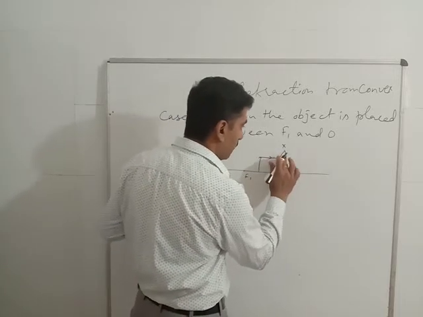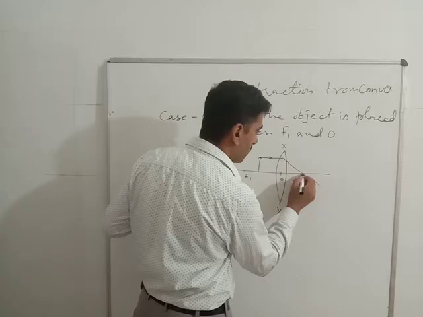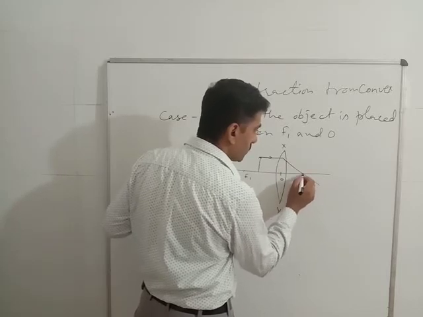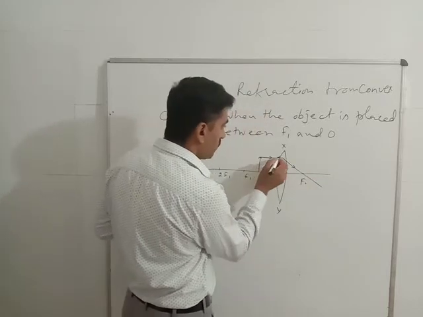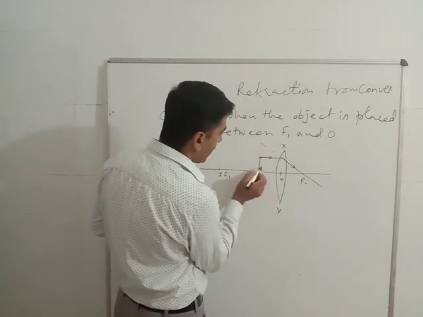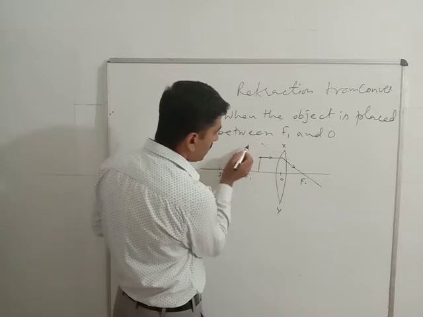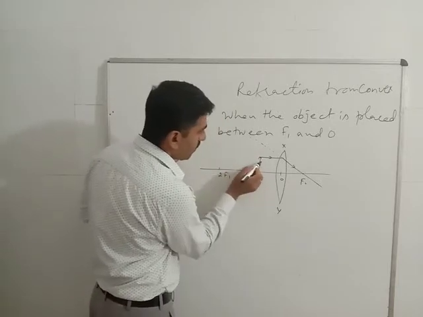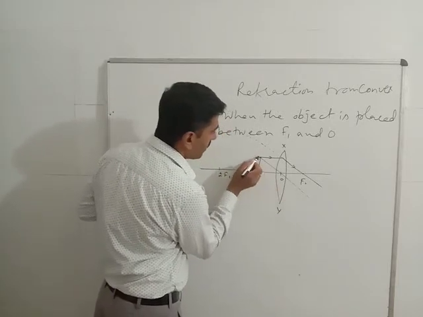See, the ray of light will bend from here and will pass through F2 always. So this is your F2, suppose. So you have to produce it back. And another ray of light you will be passing from here and trace it back.